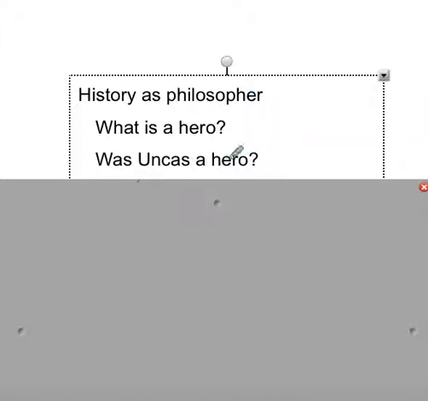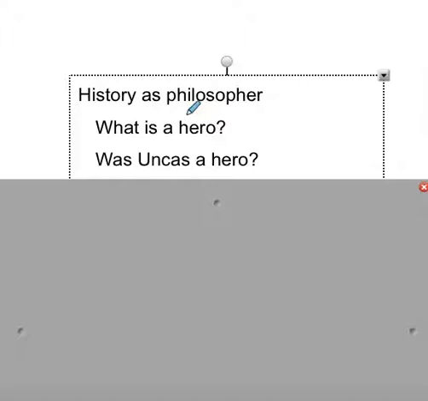Of course, Uncas was a very complicated figure and very divisive in many ways, heroic to some, and traitor to others. So it's important to remember that our unit here is a history unit, but it's actually a history unit about history.